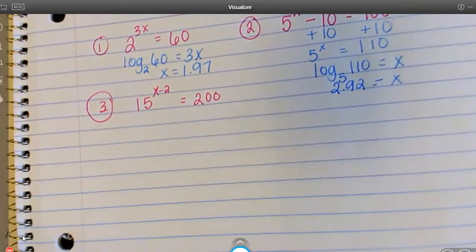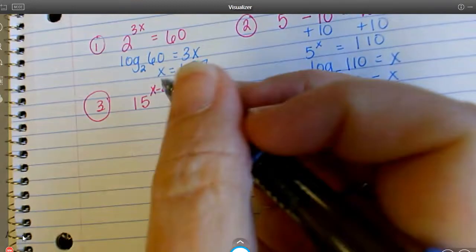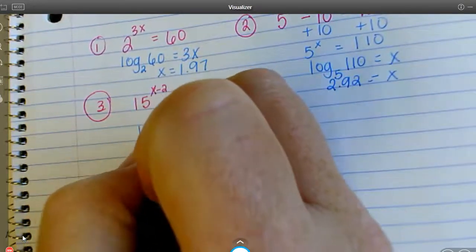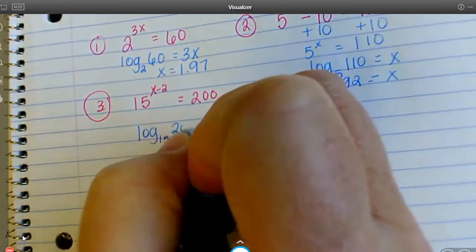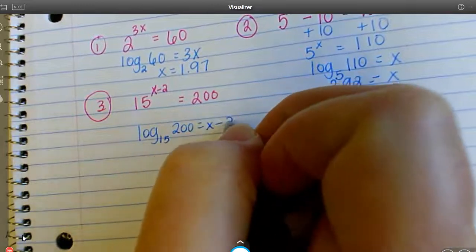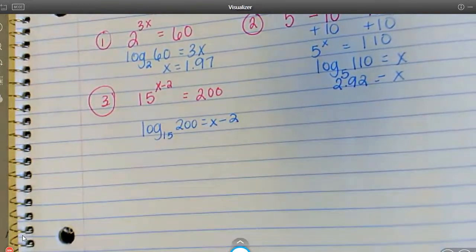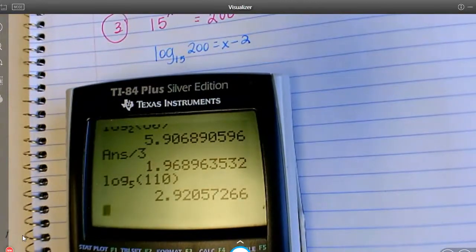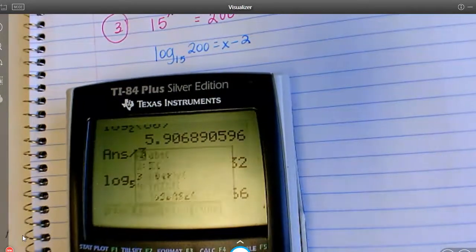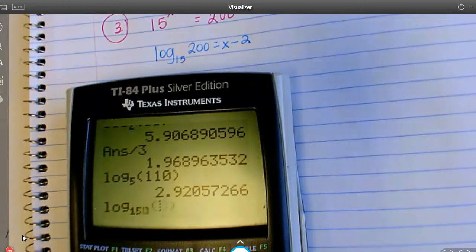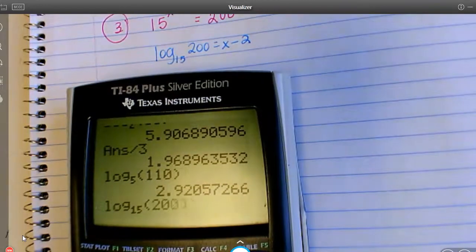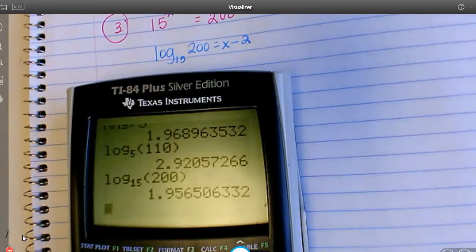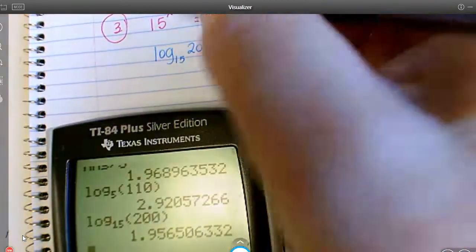All right, and then number 3. Again, we have a number to the power equals 200, so I would want to start with just rewriting it. I am going to have to do something with that in just a minute, but we'll figure it out. Let's go ahead and do log base 15 of 200. Log base 15 of 200, 1.96.